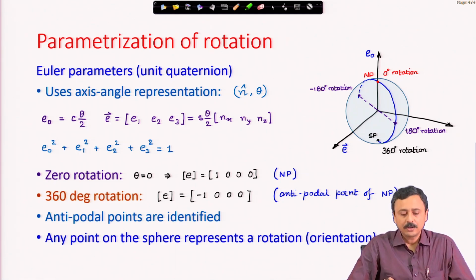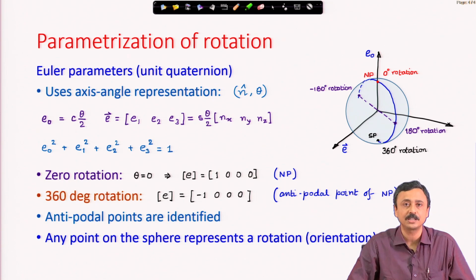Now, any point on the sphere represents a rotation or orientation, because orientation is represented by the rotation matrix. If the rotation matrix is identity, then we are at the origin of the orientation space, just like the 0 0 0 position is the origin of the position vector.